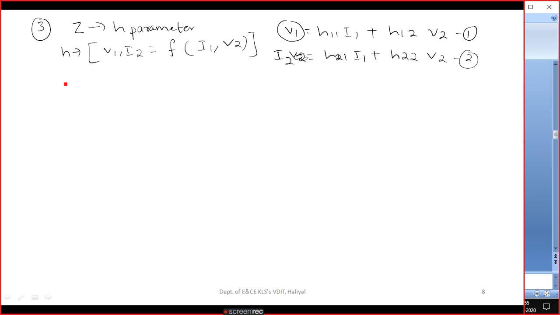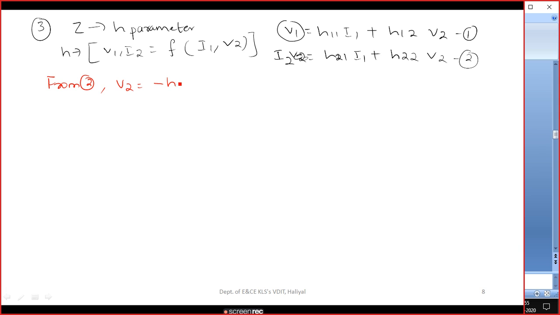Okay. So quickly, first you have to define V2 from equation 2. So to define V2, can I write it directly now? You can take minus H21 into I1 divided by H22.